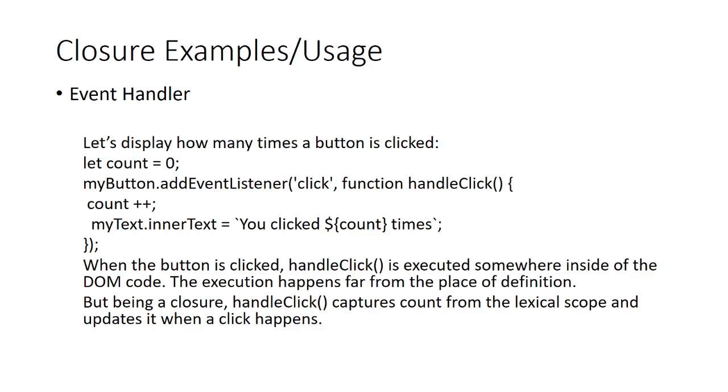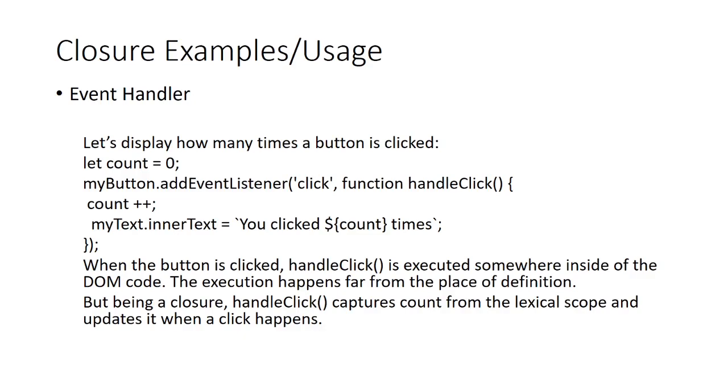When our button is clicked, handleClick is executed somewhere inside the DOM code. The execution happens far from the place of definition. This is the important part here. When we execute that handleClick inside our DOM, that execution happens very far from our place of definition.